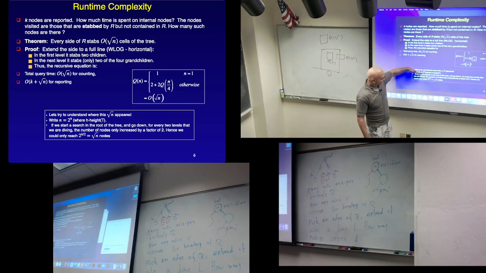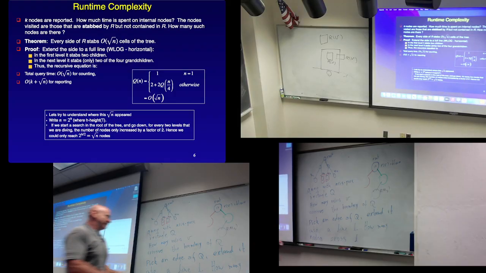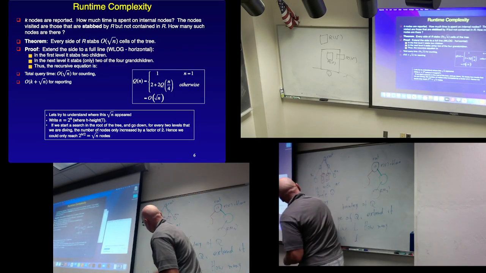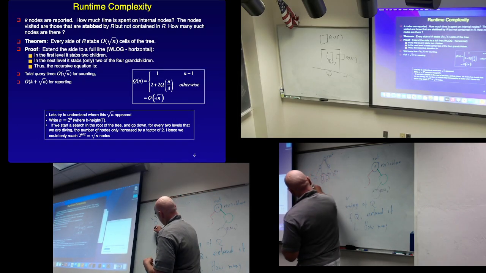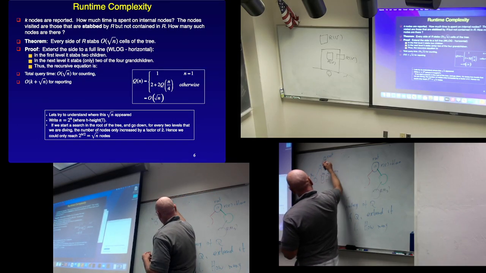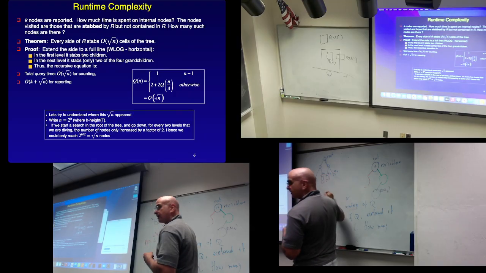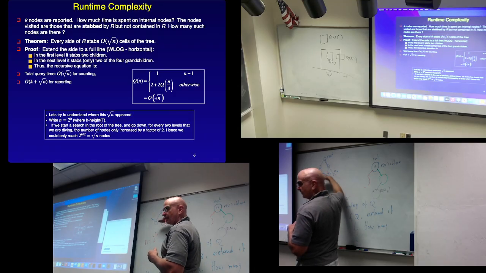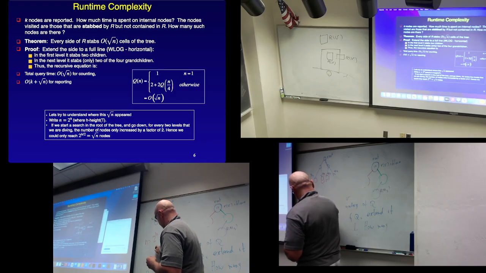So I start at the root, and then I'm going into only 2 of the subtrees. Oh, the font is too small, but how many do I visit at each level as I'm going down the tree? If n is 2 to the h, then as I'm going down 2 steps in the recursion, I'm only visiting 2 to the h half.